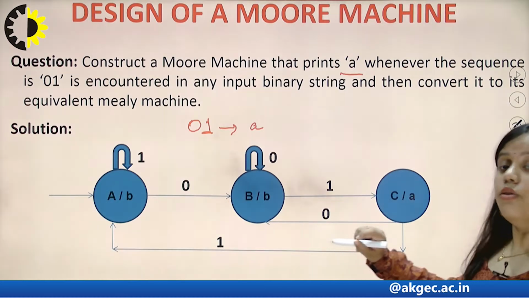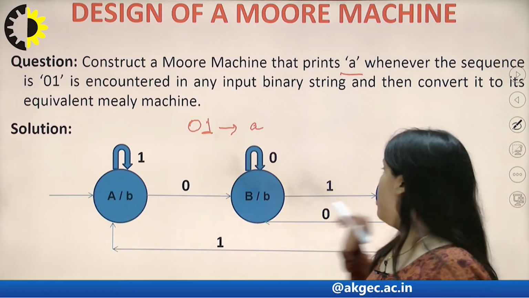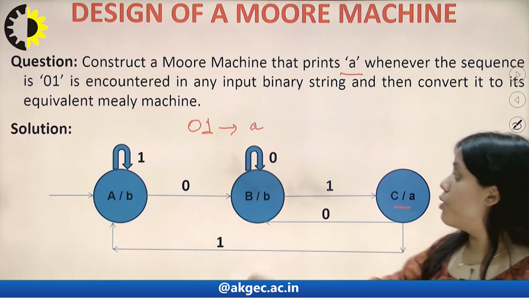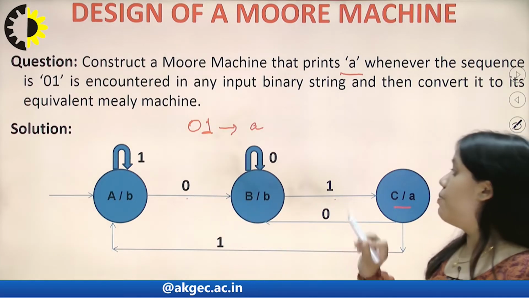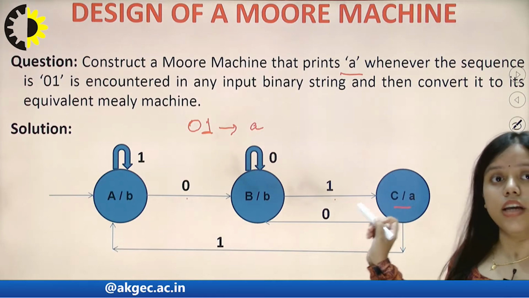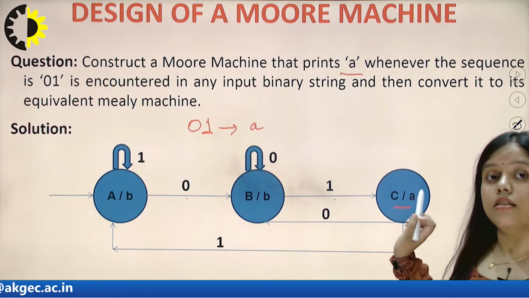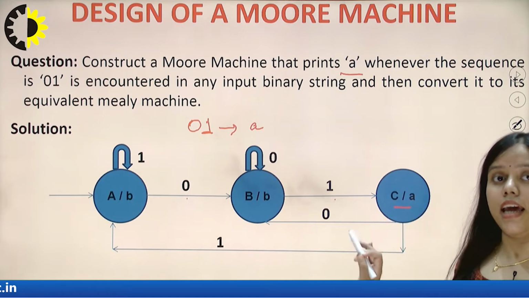If we move further, C is returning A. Why? Because 0 and 1 is counted here, and hence we reach state C, which returns A as output.